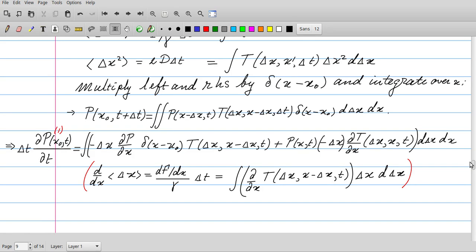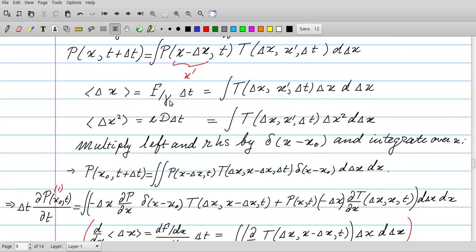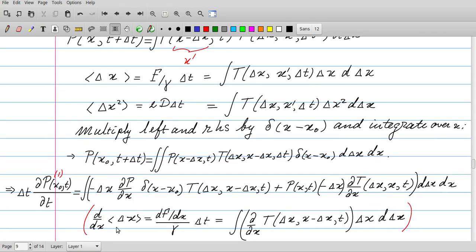In fact, we had seen before that the first moment can be written as the force divided by gamma of this. And if I take the derivative with respect to x on the left and on the right hand side, then we obtain the following equation. I have d/dx of the first moment, so that's this. Then I have df/dx divided by gamma multiplied by delta t, and then on the right hand side I have d/dx of t, because this x' can be written as x minus delta x.